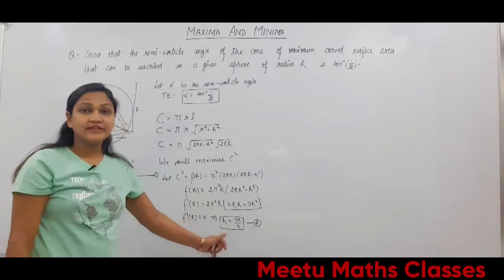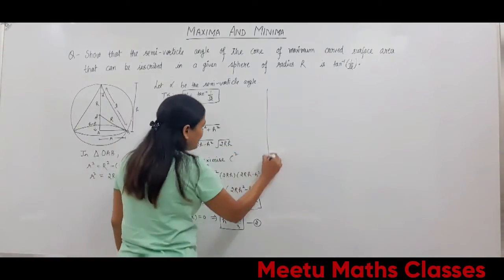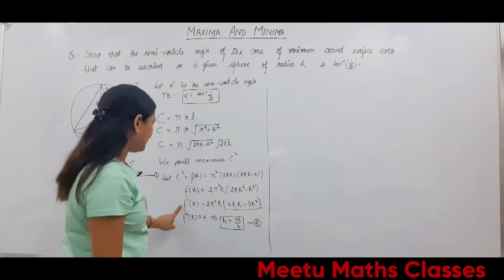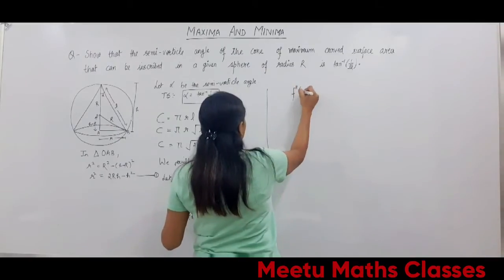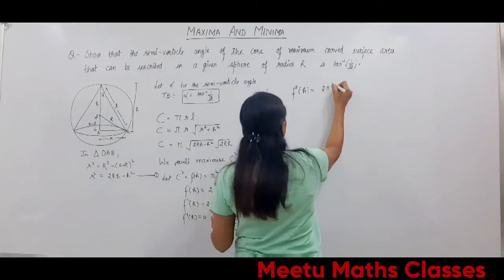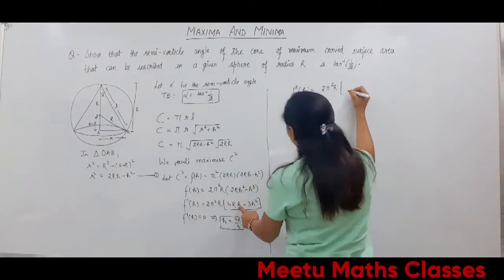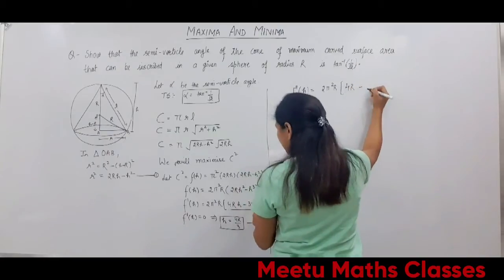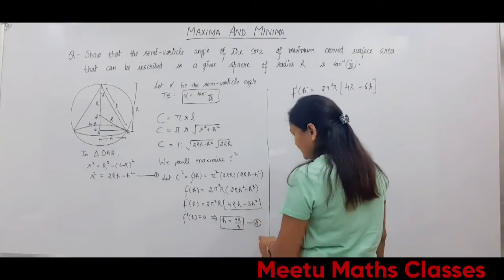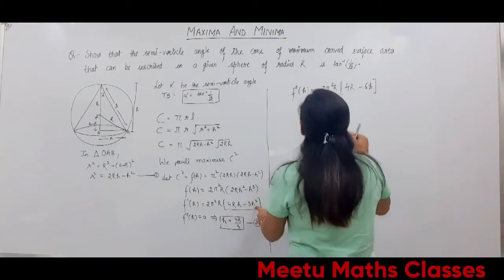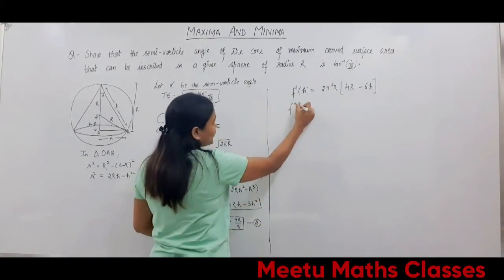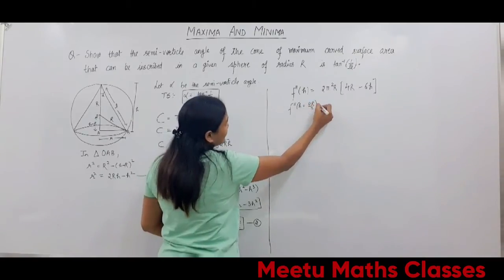Now we are going to check whether it is a point of maxima or minima. So differentiate your function again. The second derivative of this function will be 2 pi square R into 4R minus 6h. Now you have to check your second derivative at this point, 4R upon 3.